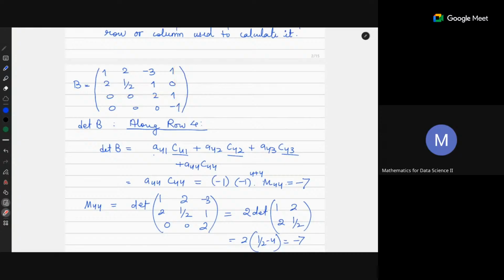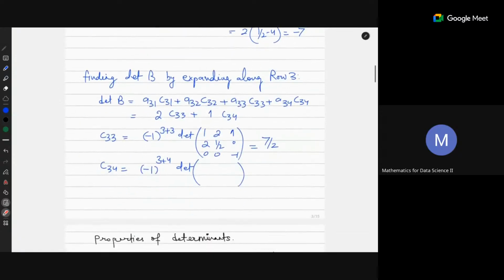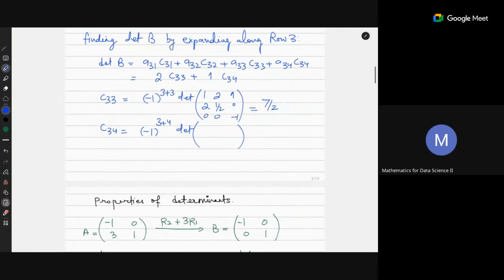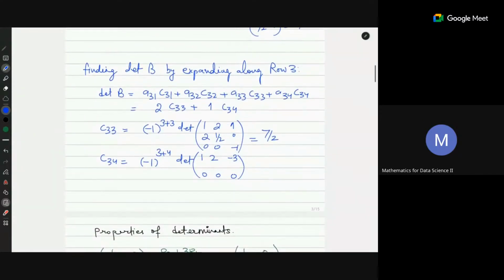So cofactor of 3, 4 means removing third row and fourth column. So you will get 1, 2, minus 3, 2, half, 0, 2, 1, 2, minus 3. Last row is 0, 0, 0 and 2, half, 1.